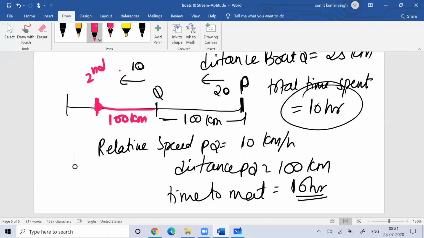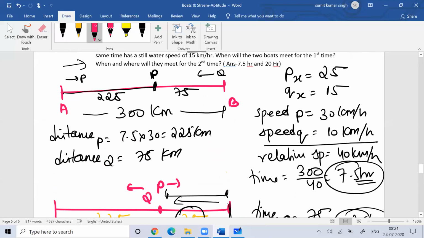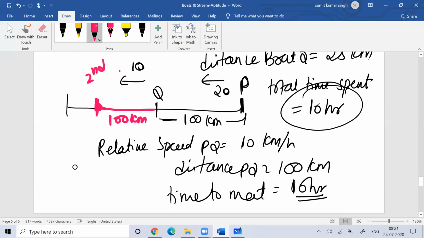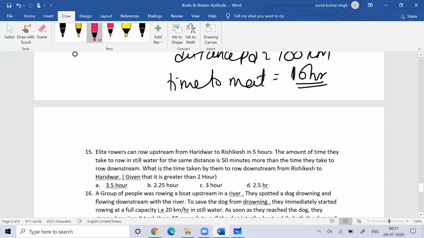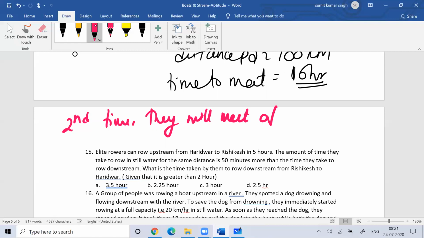So the total is 300. This is 100, then 100, and still 100 would be pending. So at this point both P and Q will meet for the second time. They meet after how many hours? They will meet after 20 hours. How 20 hours?